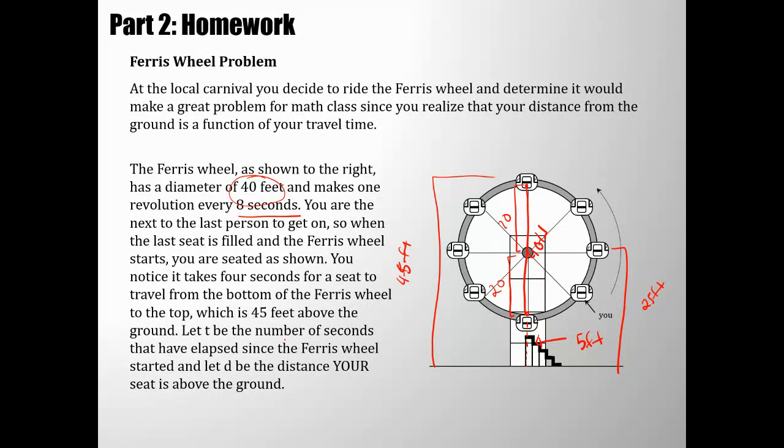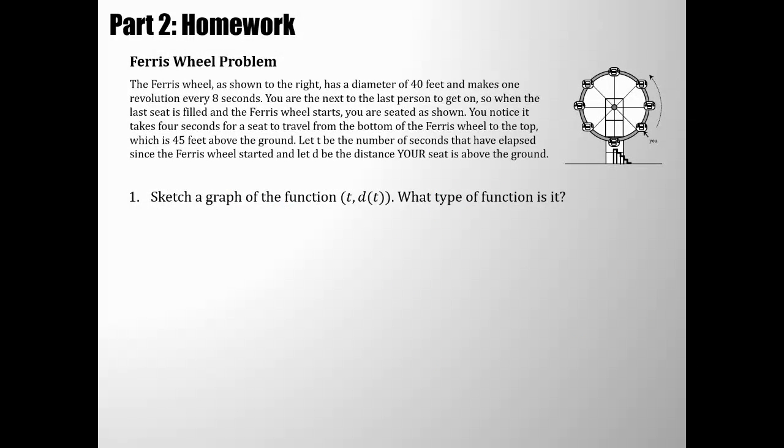Let t be the number of seconds that have elapsed since the Ferris wheel started, and let d be your distance from the ground. Okay? So we still have our picture of the Ferris wheel. We had written some stuff, and we can still go back to it. We want to sketch a graph of the function, and then think about what type of function it is.